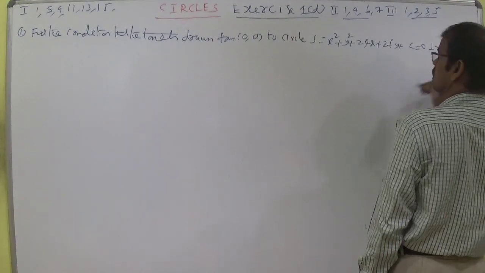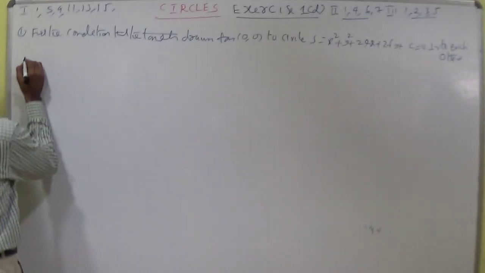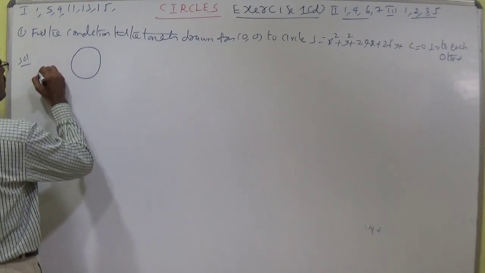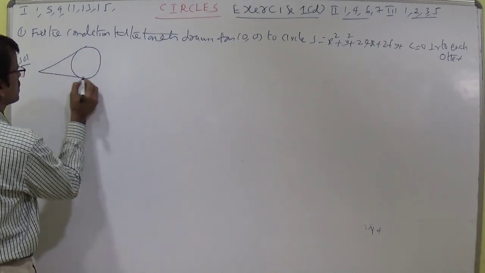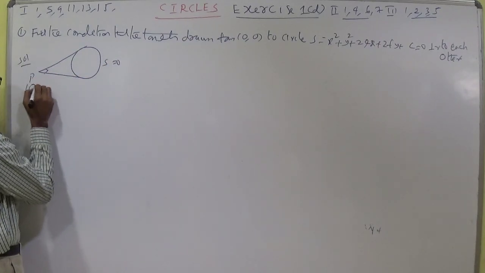The condition of tangents drawn from the origin to the circle S equal to 0 being perpendicular, put here P as 0, 0.